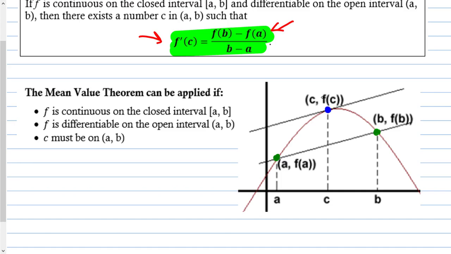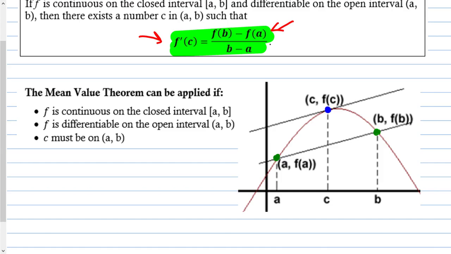So basically, the derivative somewhere within the open interval of some point is equal to the average velocity, right? The regular way we find rate, a over b, or a and b.